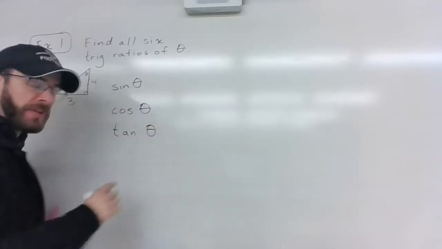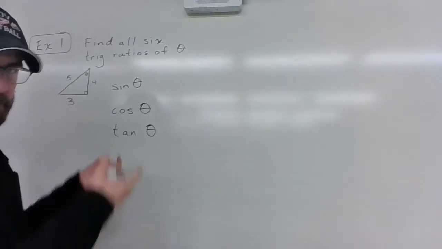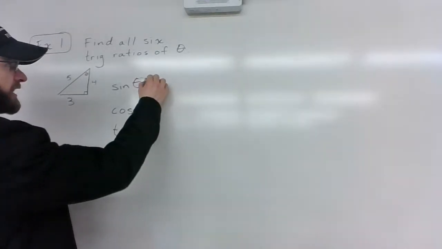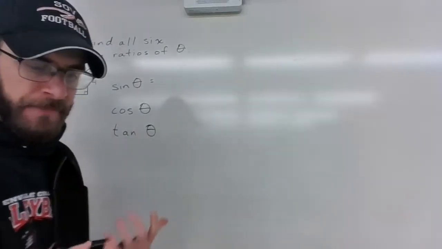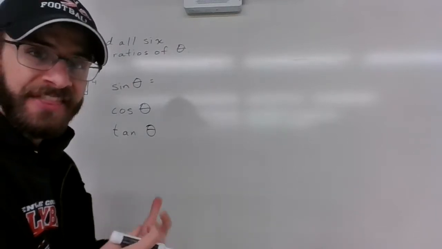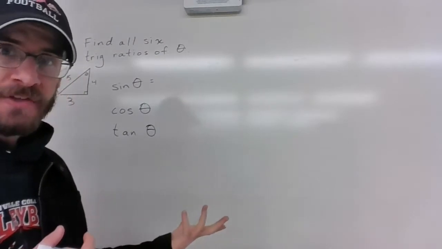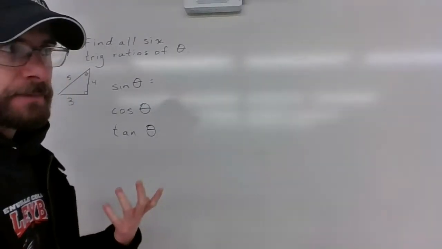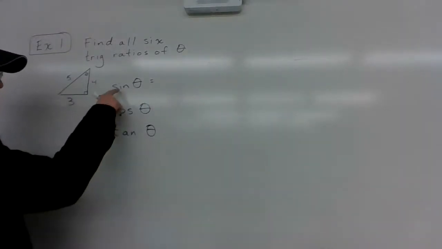Now those are three of the six trig functions that I'm going to talk about. So the idea of trigonometry was to basically say, can I in some way relate the angles and the sides in one equation? Because when you can relate the angles and the sides, having maybe limited information is now more powerful for you.